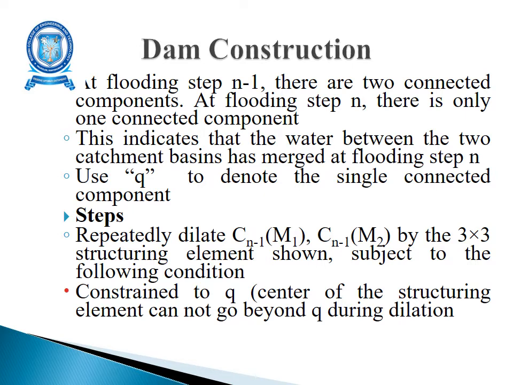The steps are: we repeatedly dilate Cn-1 of M1 and Cn-1 of M2 by a 3 cross 3 structuring element, and we constrain it to Q, that is the center of the structuring element cannot go beyond Q during the construction.